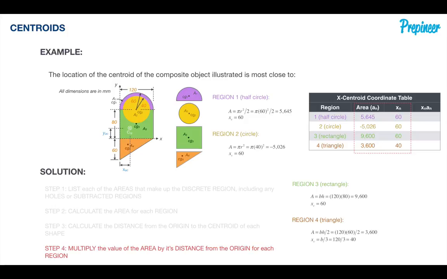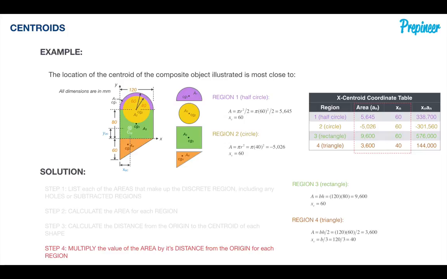Now with all of our distances defined, we can go to step 4. For each individual region, we now need to take our second column, our area, multiply that by our third column, the distance from the origin, and plug this product into our final column in the coordinate table. Doing this, we get the values you see there in our final column.